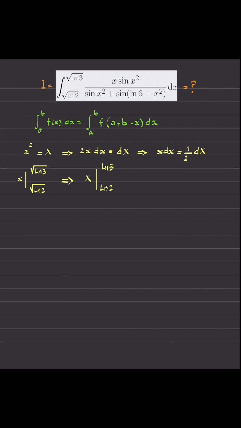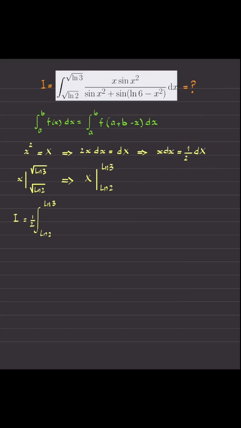My goal is to calculate I. So let us apply this change of variable first. So integral I can be written as an integral, instead of going from square root of ln of 2 to square root of ln of 3, I go from ln of 2 now to ln of 3 because now my variable is capital X rather than little x. And what happens now? Instead of x times dx, I can just simply put 1/2 d capital X. 1/2 is a multiplicative constant, so I can pull it out from my integral and I put 1/2 here.